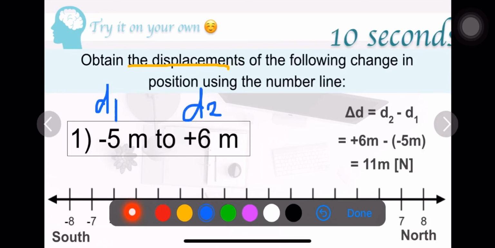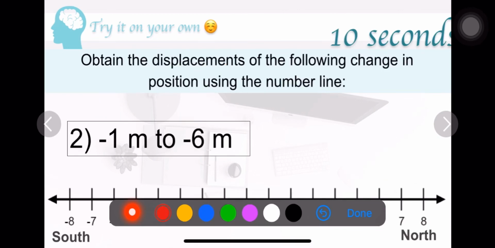The solution for that is positive 6 minus negative 5. By the rule of integers, 6 minus negative 5 now becomes plus. So we have positive 11 meters north.